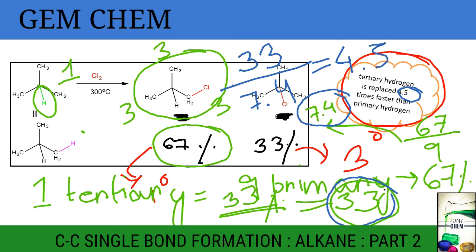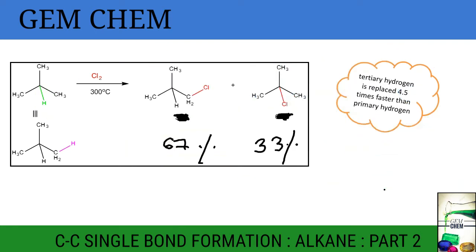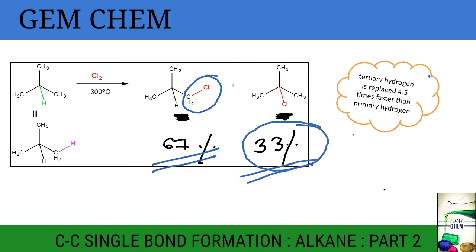So we get a result for primary hydrogen: though the yield is greater, the rate is slower, whereas for tertiary hydrogen, though the yield is less, the chance of formation, the probability and the rate is much greater.